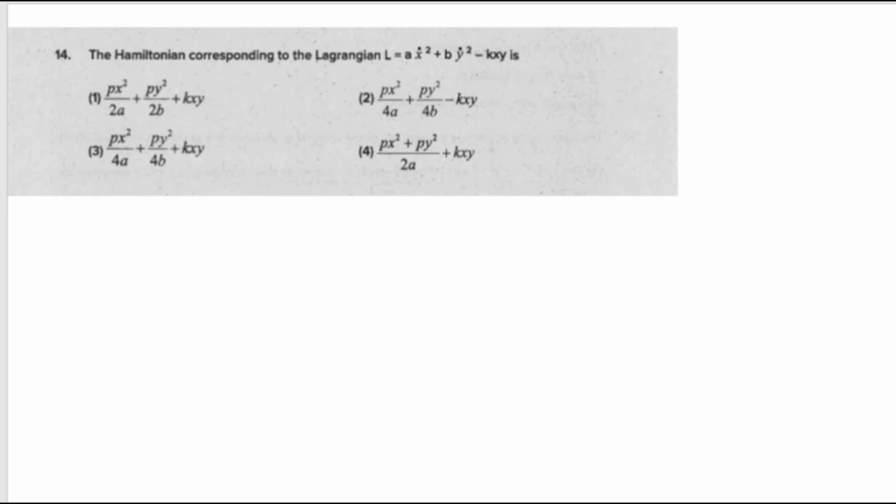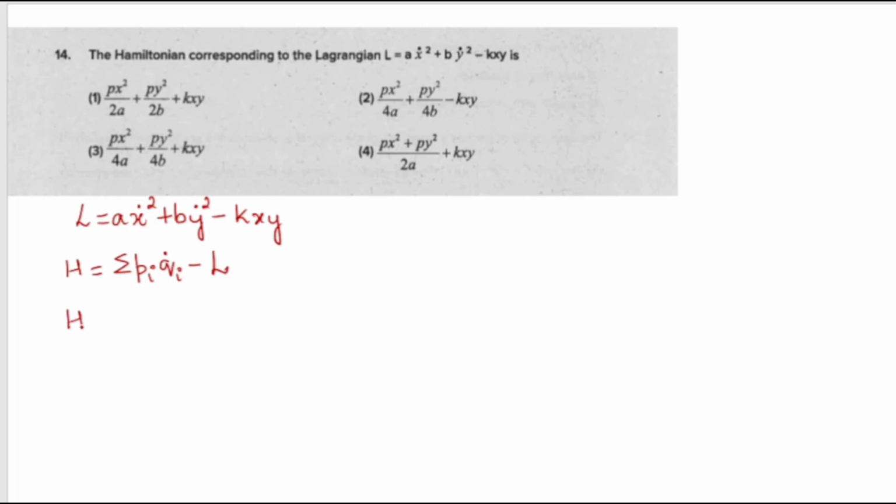The Hamiltonian corresponding to the Lagrangian is, they have given the Lagrangian as a x dot square plus b y dot square minus k x y. So to find the Hamiltonian, we have the formula: summation over p_i q_i dot minus Lagrangian.